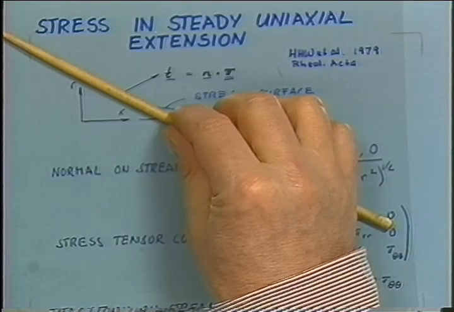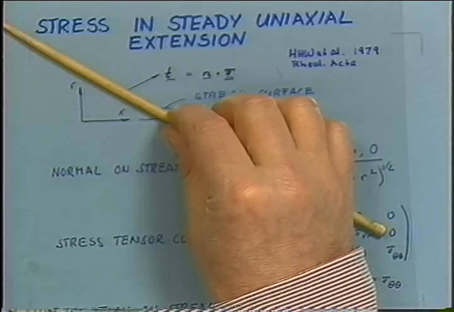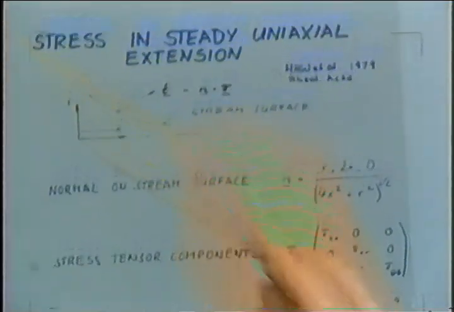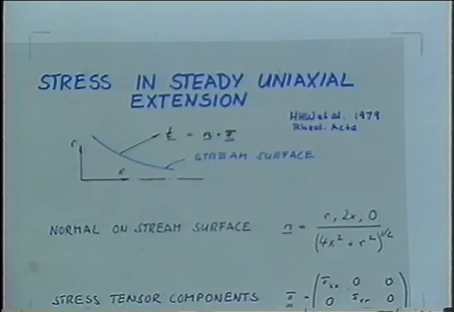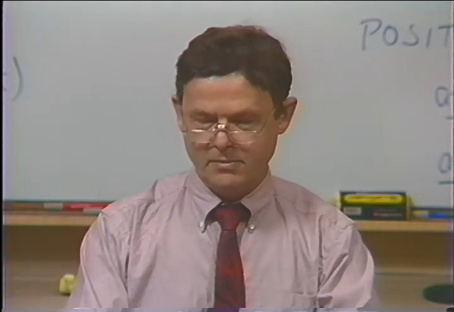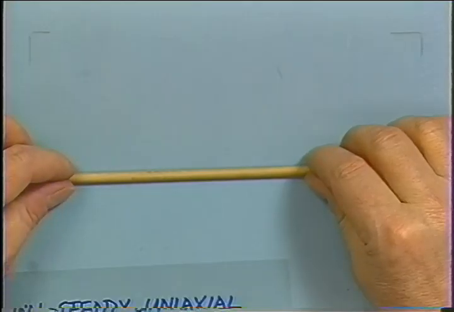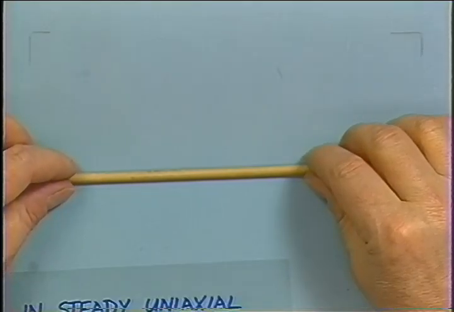So even if we have perfect lubrication, we will not have the right stress situation on the surface. Compare that to the lubricated squeezing. There we lubricated a surface, the top and the bottom of our sample, and those surfaces were principal surfaces, and we lubricated the right surface.